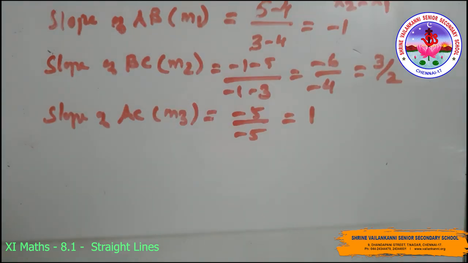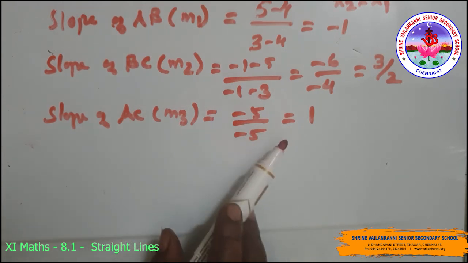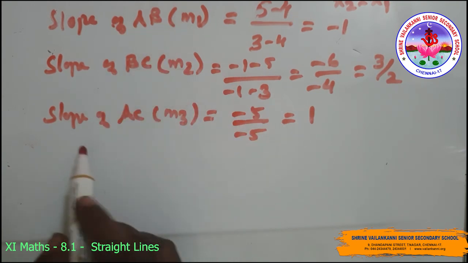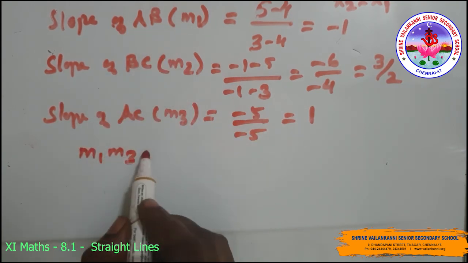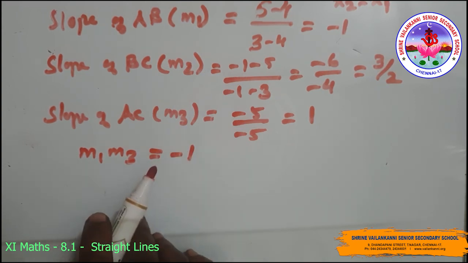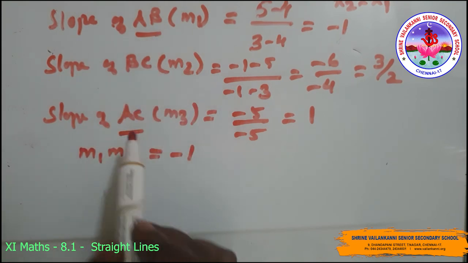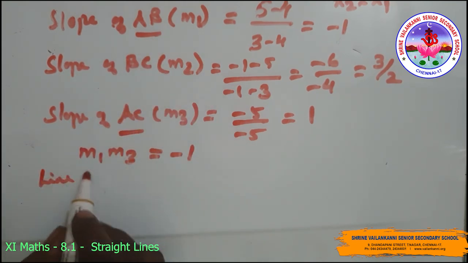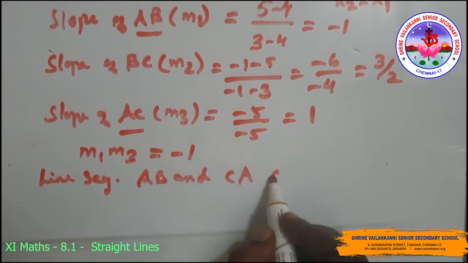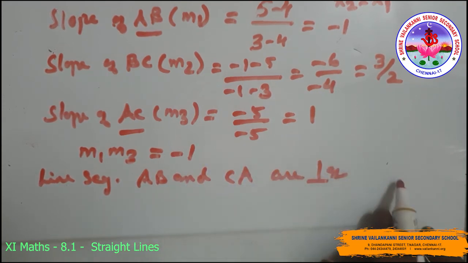Using the condition of perpendicularity, M1 M2 is equal to -1. The product of two slopes should be equal to -1. So it is observed that the product of two slopes M1 into M3 is equal to -1. This shows that the line segments AB and CA are perpendicular to each other.